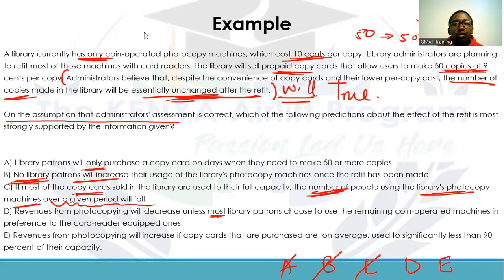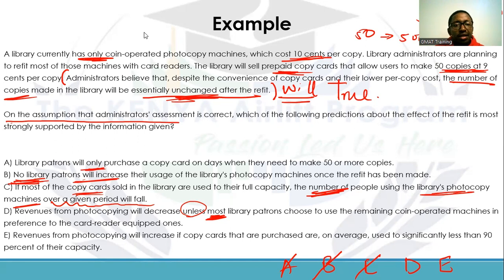So if some of the copies are being made at a cheaper price, then the revenue will decrease once these copy machines are introduced. But this will decrease unless most library patrons choose to use the remaining coin-operated machines in preference to the card readers.